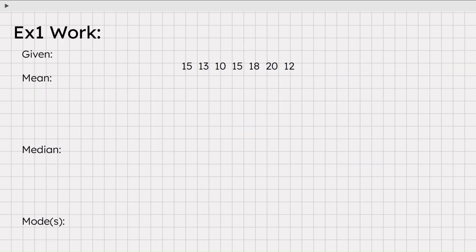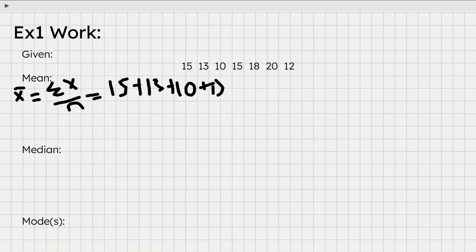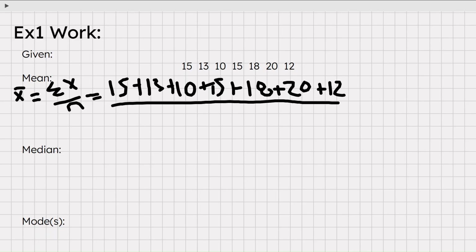So first, we will start off with x bar, since this is a sample, equals the sum of x over n, since this is the sum of all values over the number of values, which equals 15 plus 13 plus 10 plus 15 plus 18 plus 20 plus 12 over 7, which is the number of values for a week.